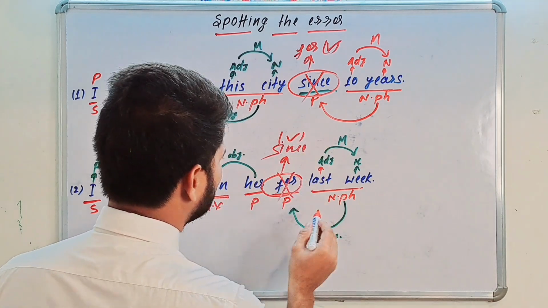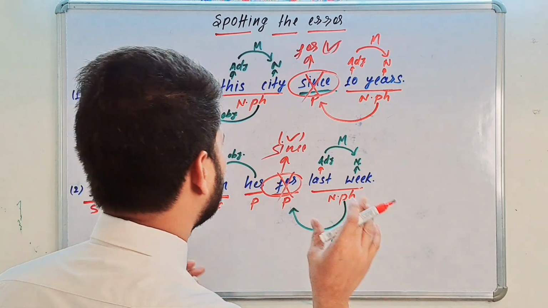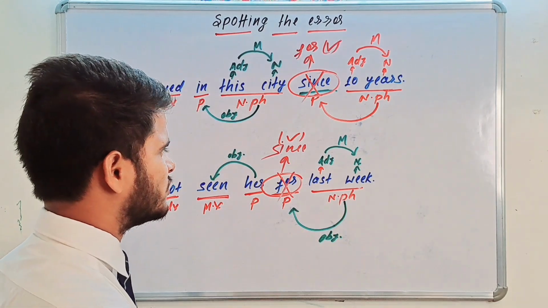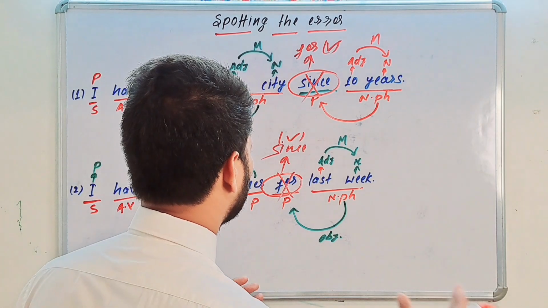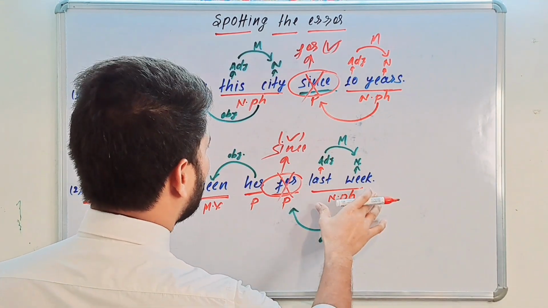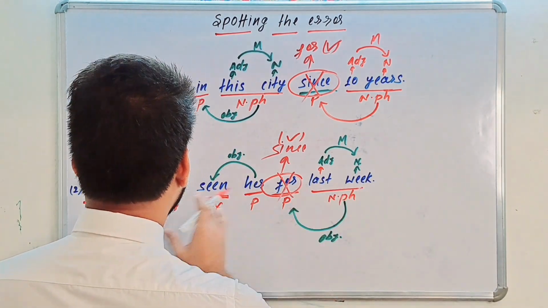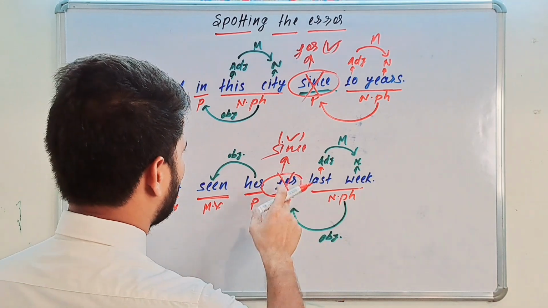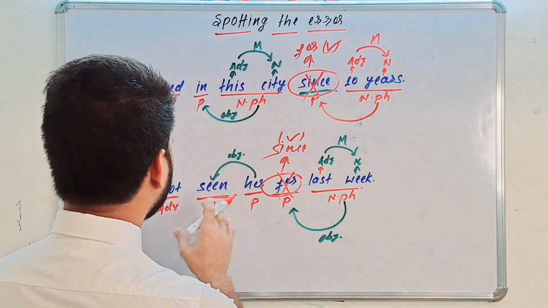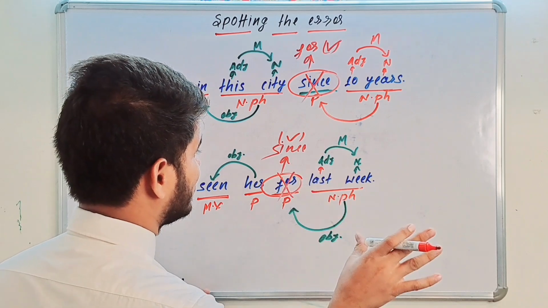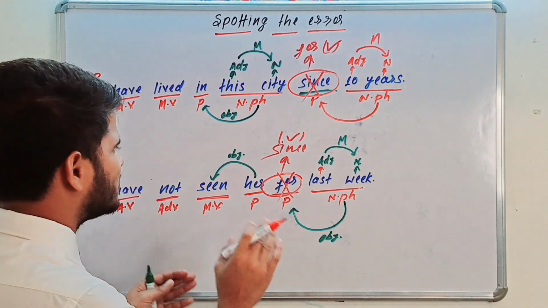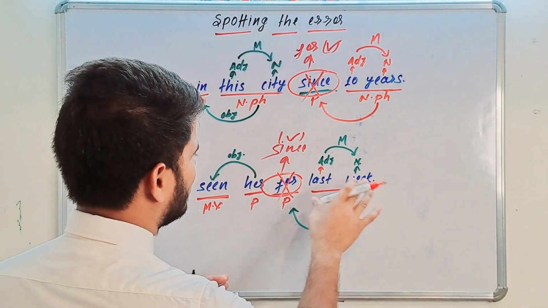Use since in place of for, because the preposition since is used to denote a starting point of time, an exact point of time, like last week. I have not seen her since last week. I have not seen her since 1990. I have not seen her since Monday.